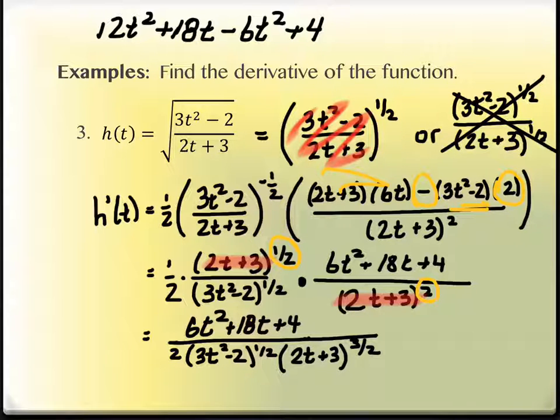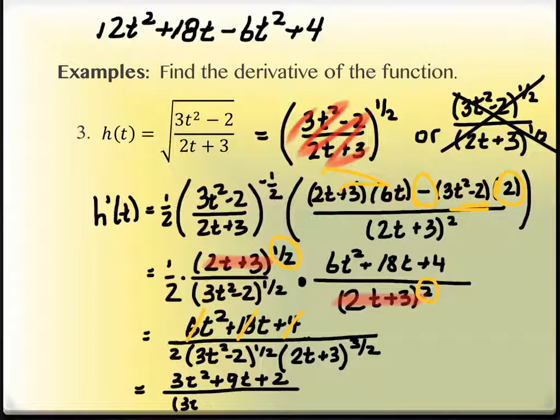So we can actually reduce each of the numerator coefficients by a factor of 2. So all of these can simplify. So I actually have 3t squared plus 9t plus 2 on top. And I have the same 3t squared minus 2 to the 1/2.